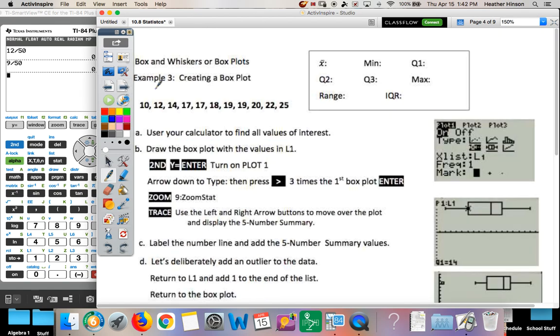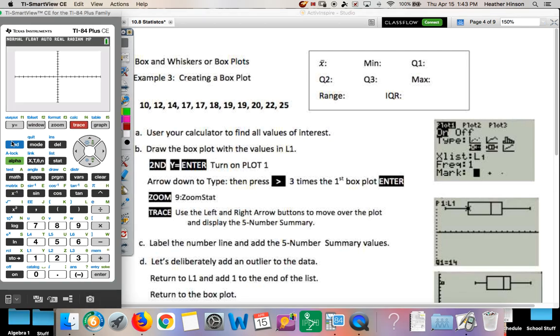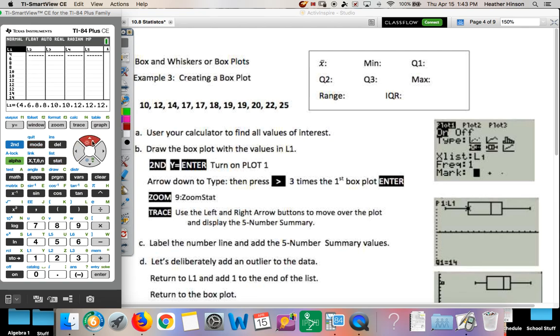Okay, example 3. Let's look at some box plots. So if we want to create a box plot, I gave you a whole new list of numbers. We're going to use the calculator to find the values. So we're going to go back to stat, enter your table.